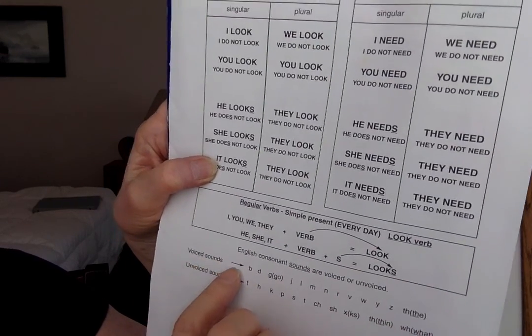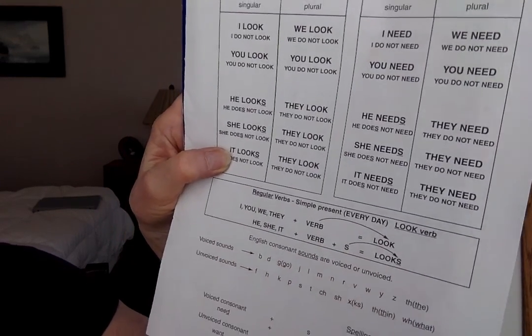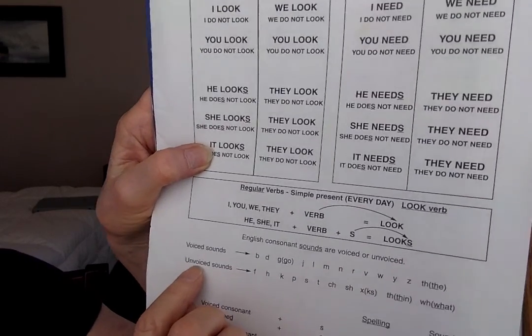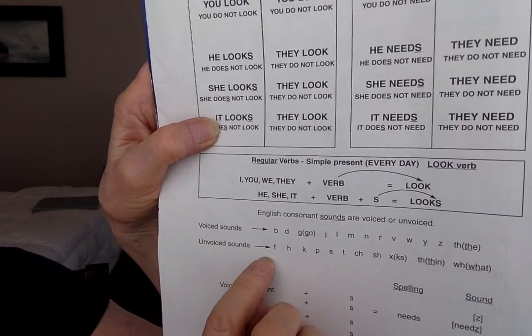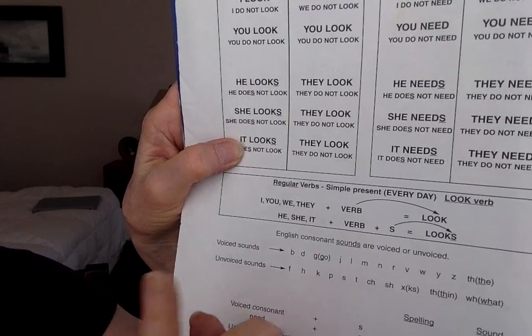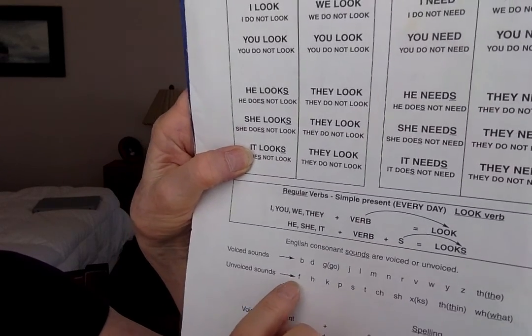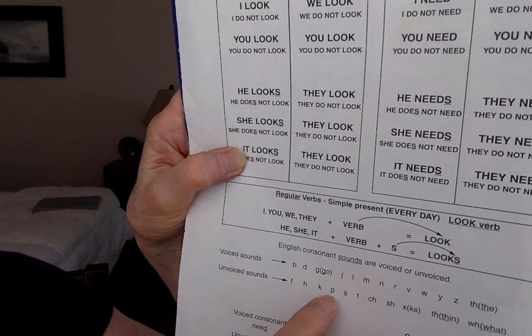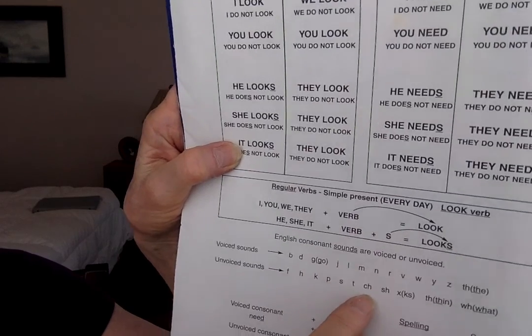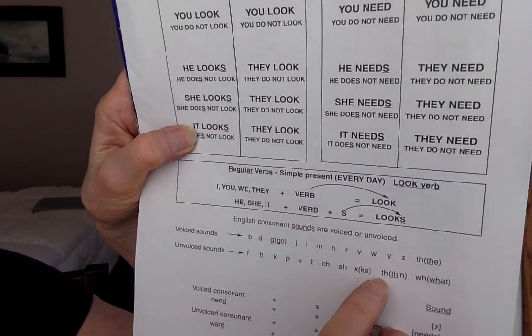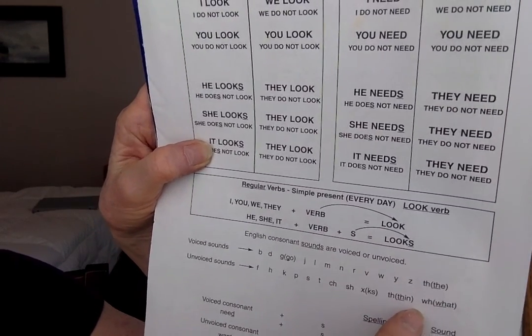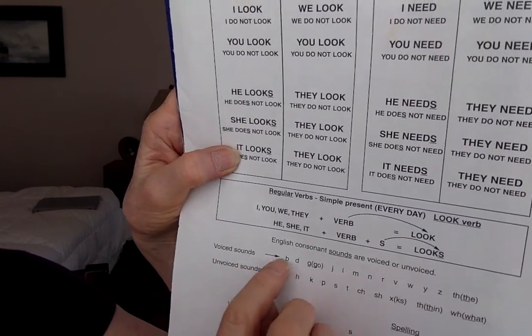Con voz, b, d, g. Here we have sin voz, sonidos, recuerden. Okay. Now, sin voz.